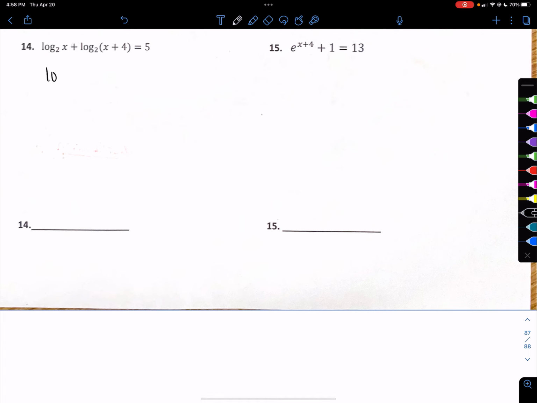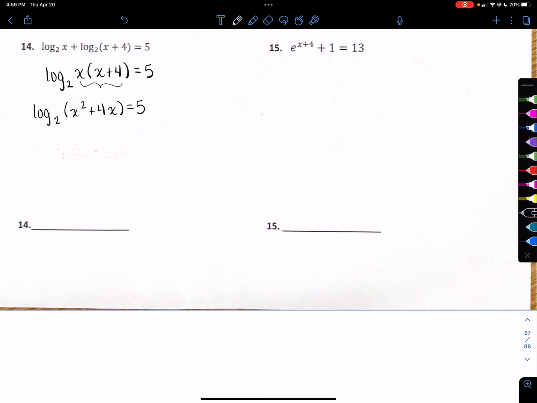So I'm going to have log base 2 of x times x plus 4 equals 5. Okay, I'm going to go ahead and simplify this piece here with distribution. So log base 2, the argument is x squared plus 4x equals 5.